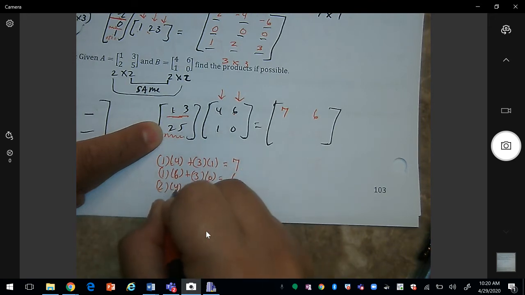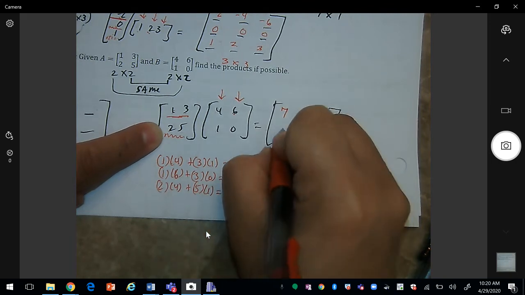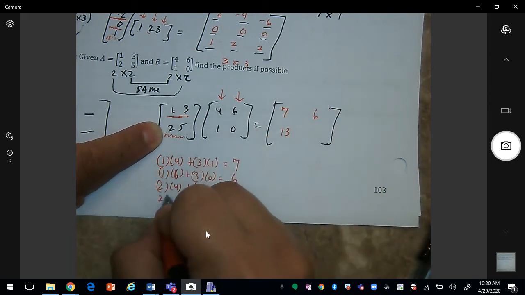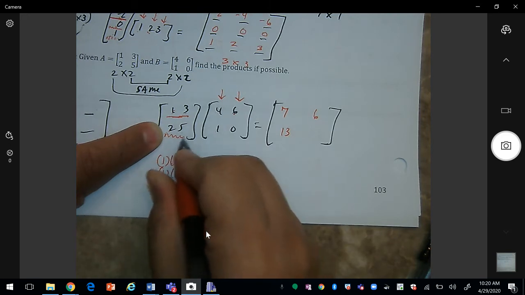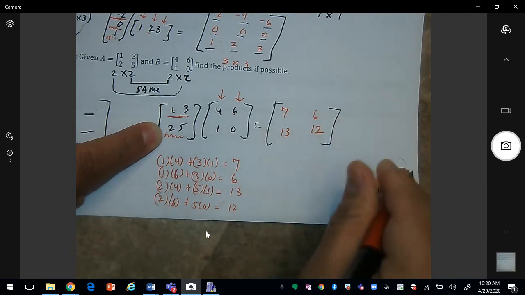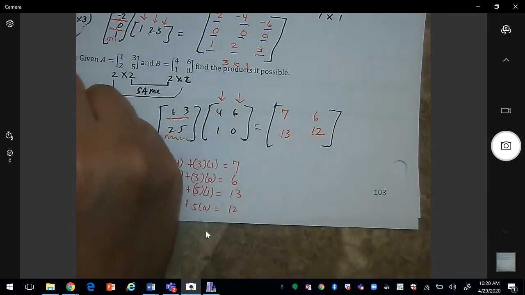So 2 times 4 is 8 plus 5 is going to be 13. And then the last column, 2 times 6 is 12 plus 5 times 0. So my result here is 7, 6, 13, and 12.